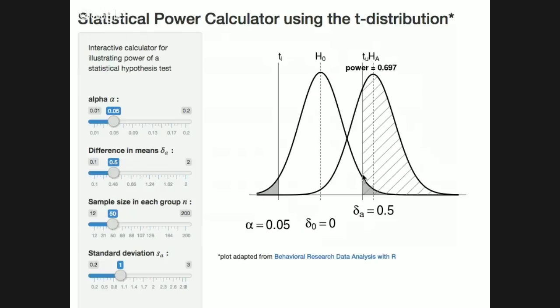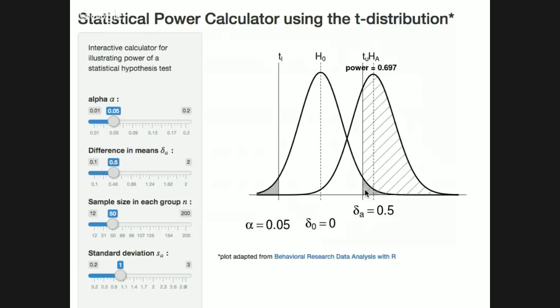And so this we can calculate. If we're talking about a normal sampling distribution, this would be, for any distribution, the 97.5th quantile or percentile.